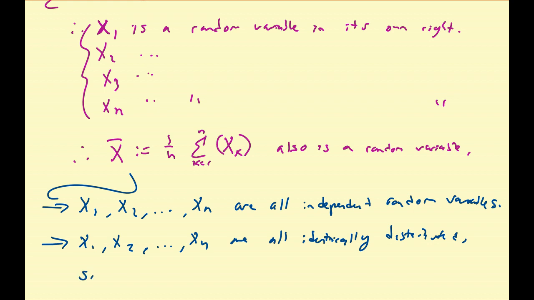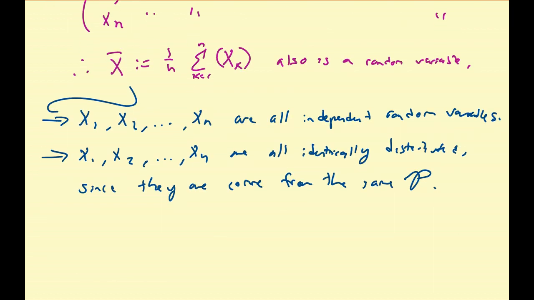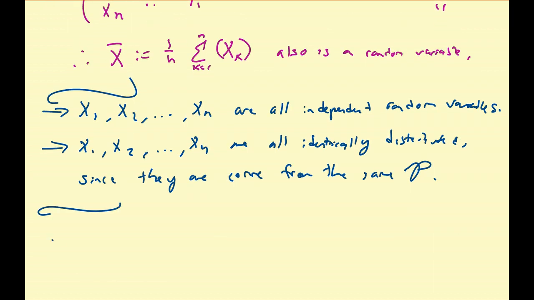And why is that? Well, that's since they all come from the same population. So that means x1, x2, all the way down to xn are all identically distributed and independent random variables.